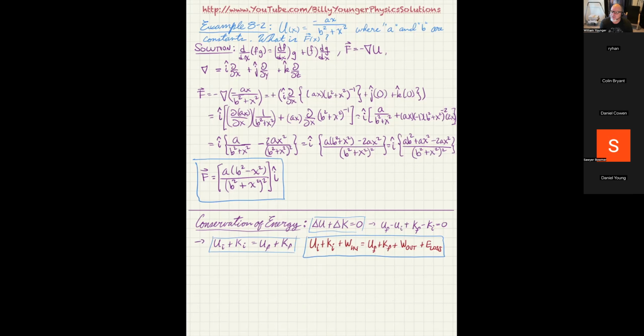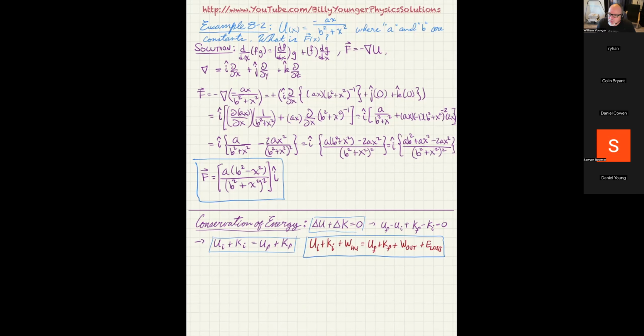The main thing is you want to take into consideration any energy lost or any energy gained by the system. And you can use whatever terms you want to do that. The big thing is if you're putting energy in the system, then you should put it in the work in slot. If you're taking energy out of the system, then you should put it in the work out or the E loss spot. Okay.